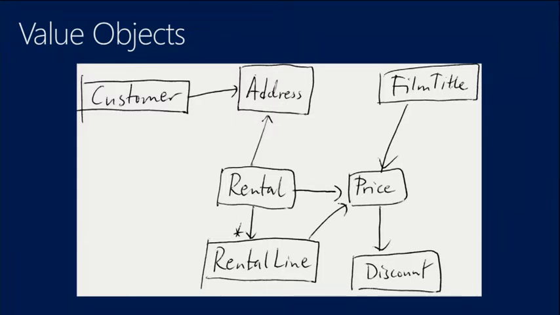The price table has a single column in that domain, and it has a one-to-one relationship to a discount table. Again, one more column. And the price table is also one-to-one connected to the rental line, the film title. This is not a nice relational database design.